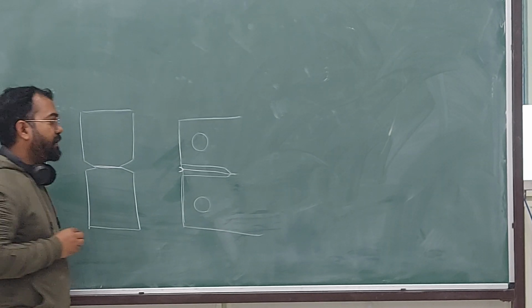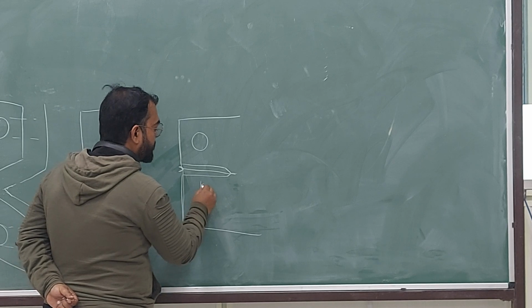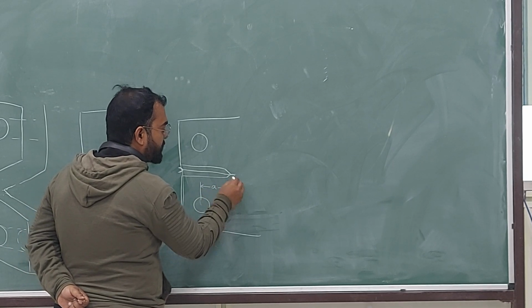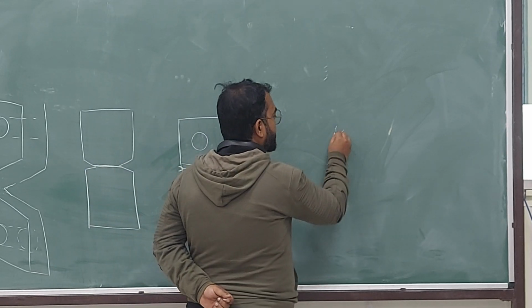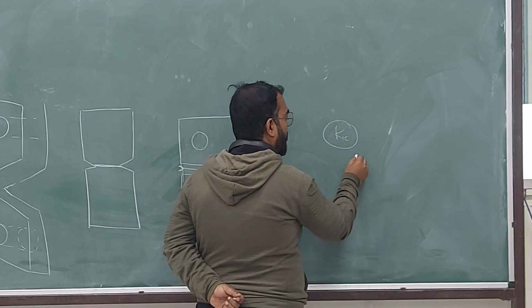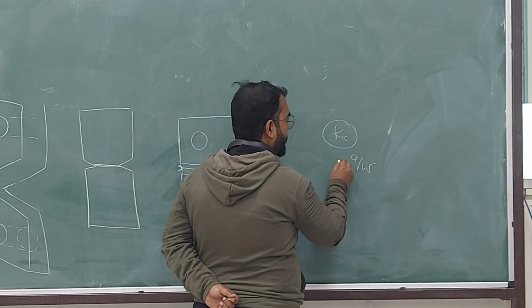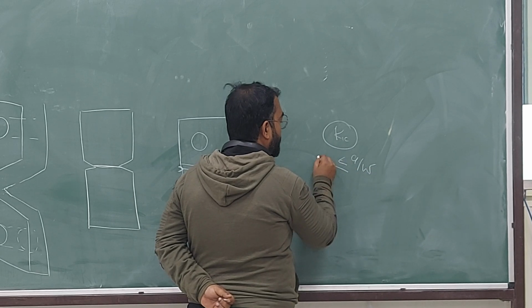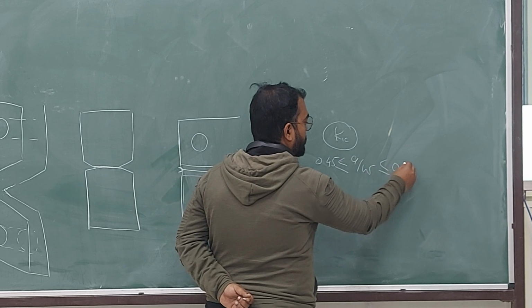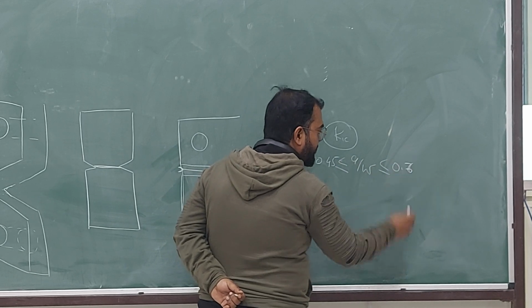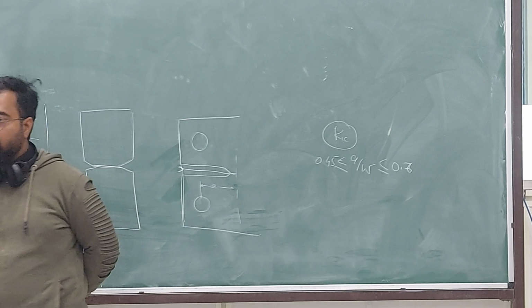Suppose you want to have, and this is also very important, that the K1C testing must be done under a range of a by W. So this must be somewhere between 0.45 to 0.65, 0.6 or so, not more than that.